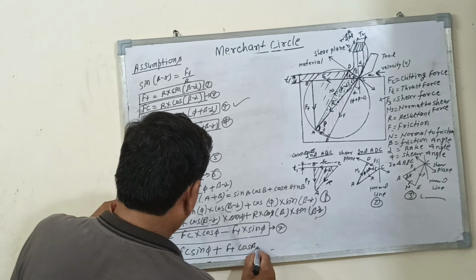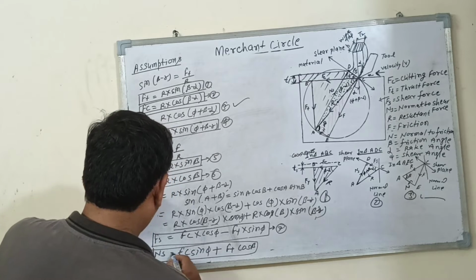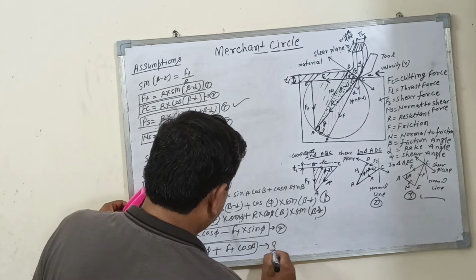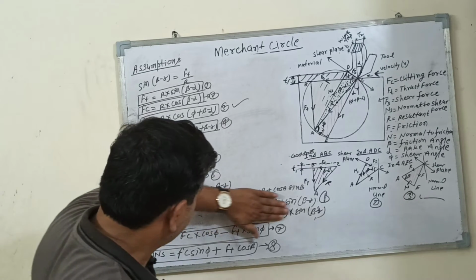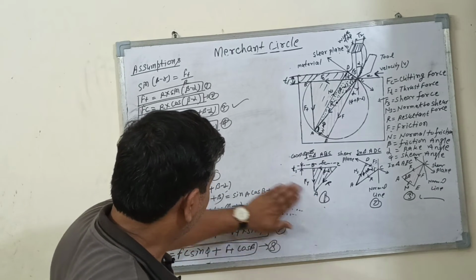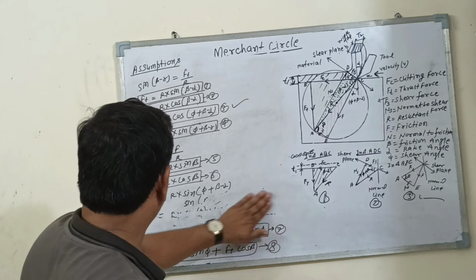This is the value of N, equation number 8. This is the value of here. You can find out the value of here.